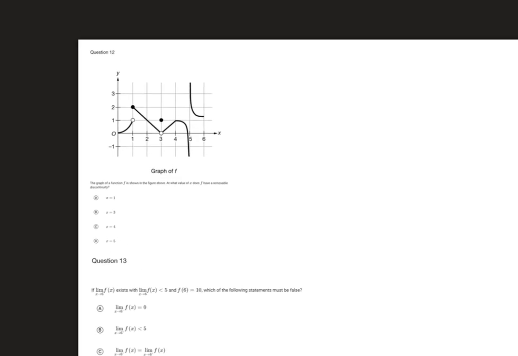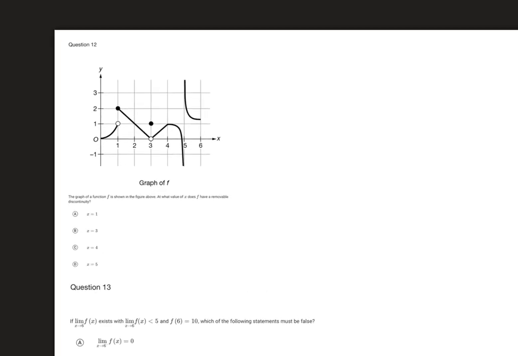Okay, number 12. They say the graph of a function f is shown in the figure above. At what value of x does f have a removable discontinuity? All right, so removable discontinuity is not an open circle at an endpoint, which is different than this, which is really a hole.